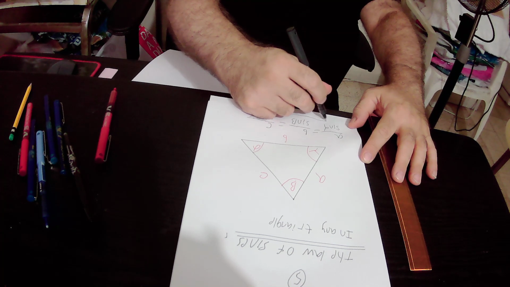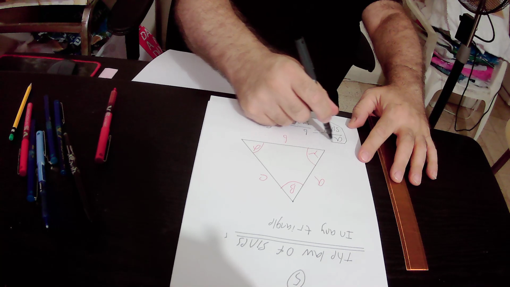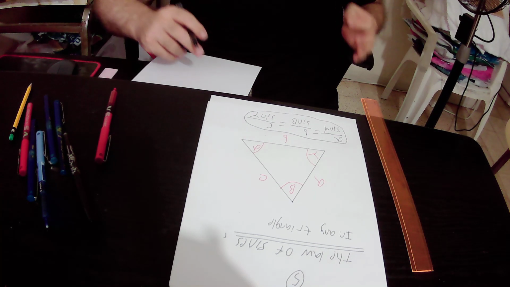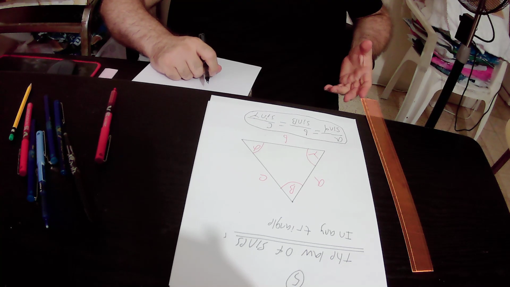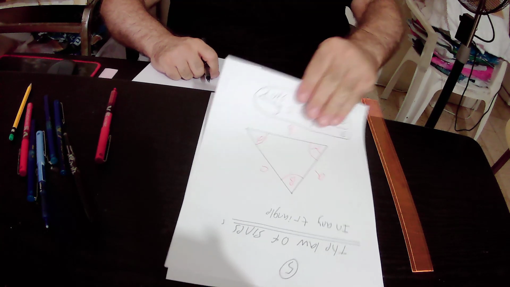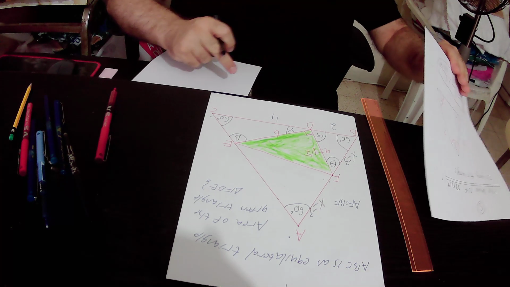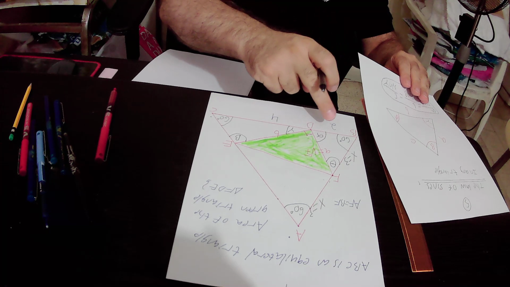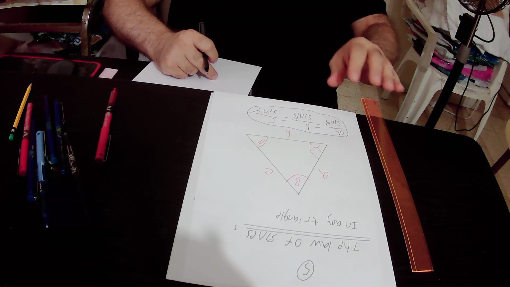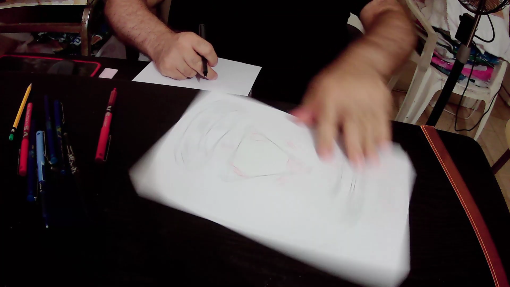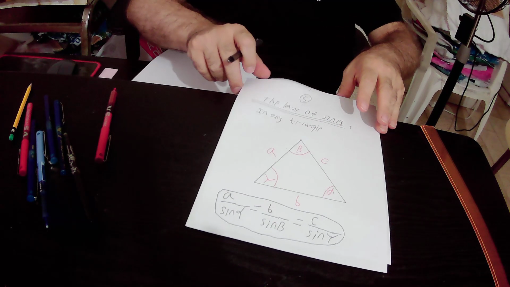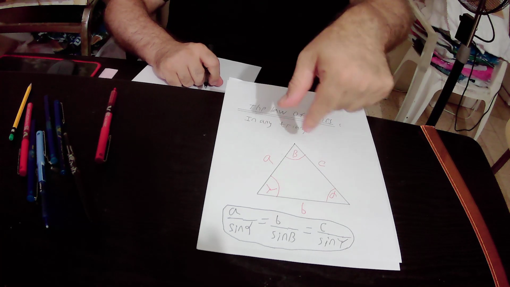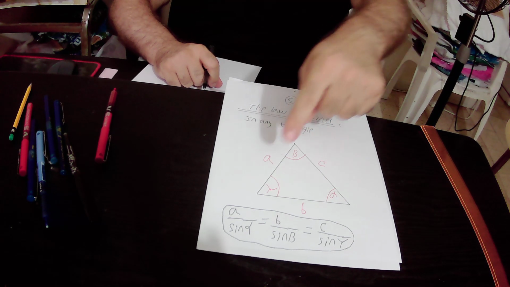And again, this equality is true in any triangle, so especially it will be true in triangle FBD, so we can apply the law of sines in triangle FBD. Okay, I will repeat again the law of sines: A over sine alpha equals B over sine beta equals C over sine gamma.